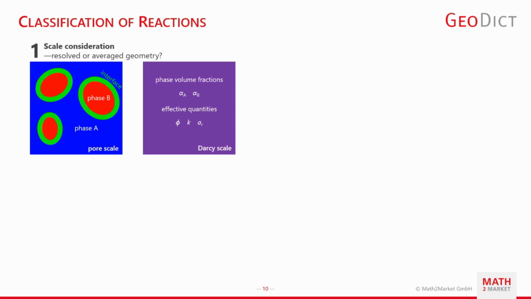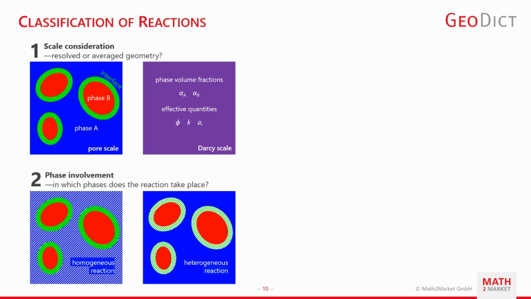So you have to be aware of what you actually want to do first, if you are on the pore scale side or on the Darcy scale side. And of course, in GeoDict, the Darcy scale that I illustrated here does not have to cover the whole domain. It can also happen that you have only certain voxels that represent Darcy scales, like with a subvoxel structure, as we call it.